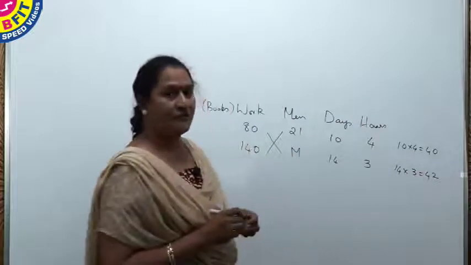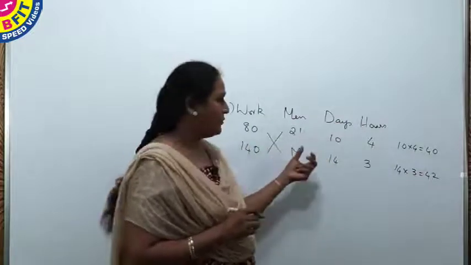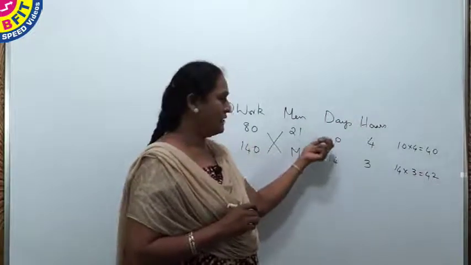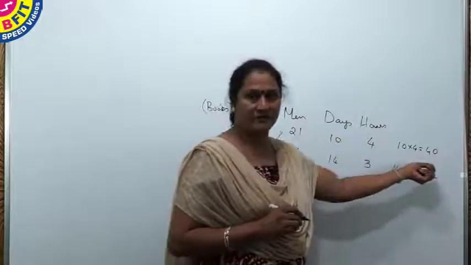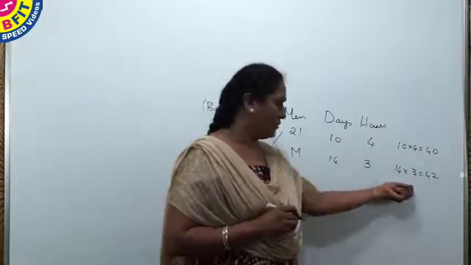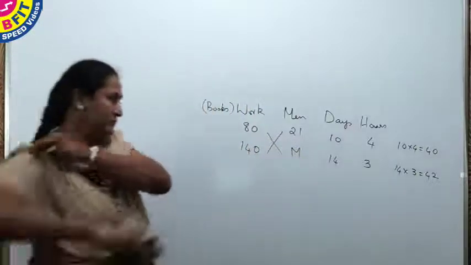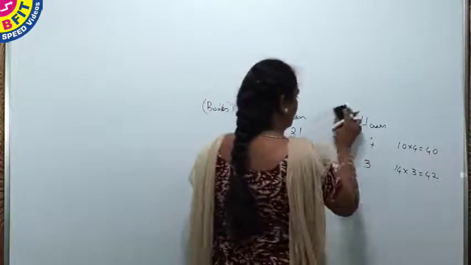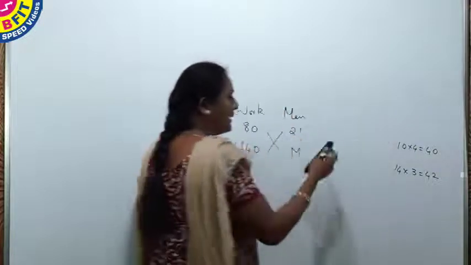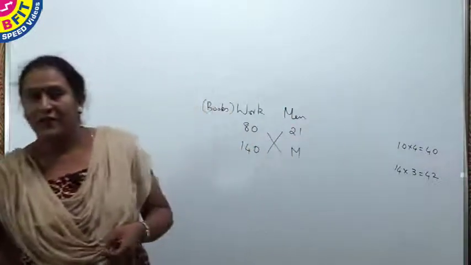So now instead of taking days and hours, you can take a common variable, hours, where you have 40 hours work in the first row and 42 hours work in the second row. By taking it in such a way, the working becomes simple.